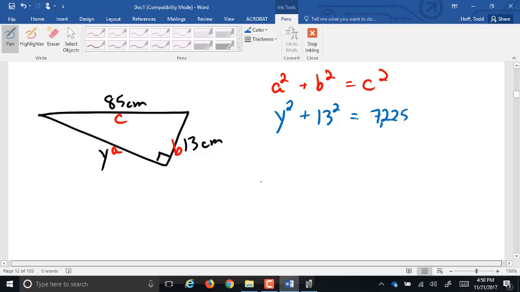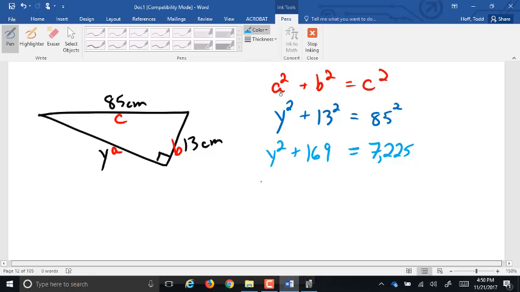Oops, I should just put in the 85 squared first. Get ahead of myself here. So we square it. The 85 squared is 7,225. 13 squared is 169.